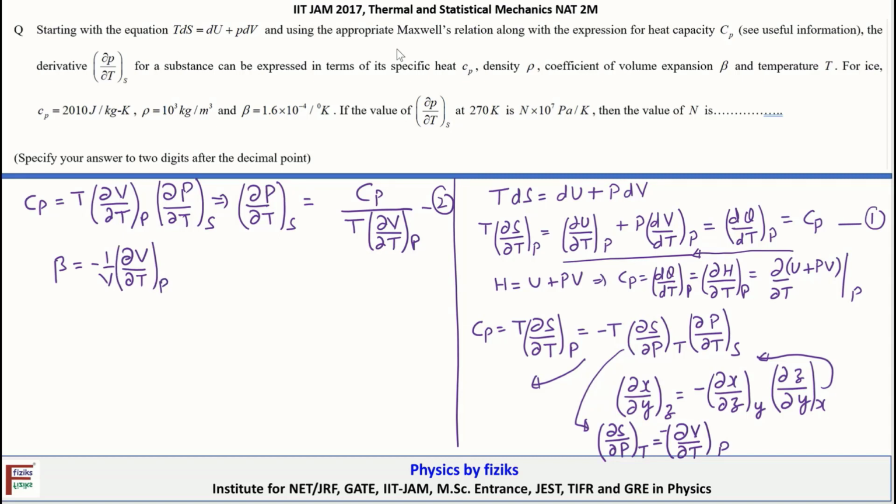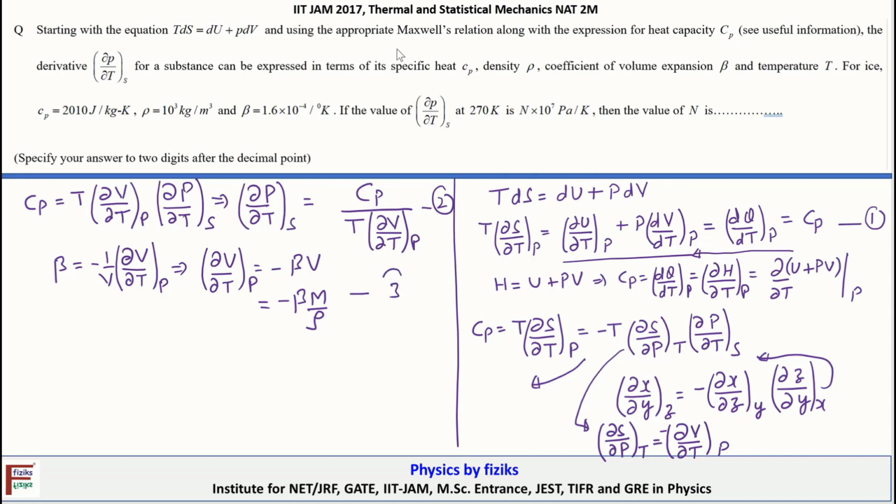So from here, dV by dT at fixed pressure is equal to negative of beta times V. Now V can be rewritten as mass divided by density, because density is mass over volume, so that's how we rearrange this expression.